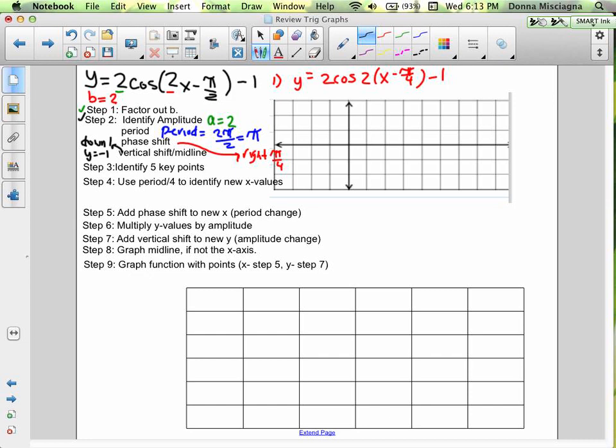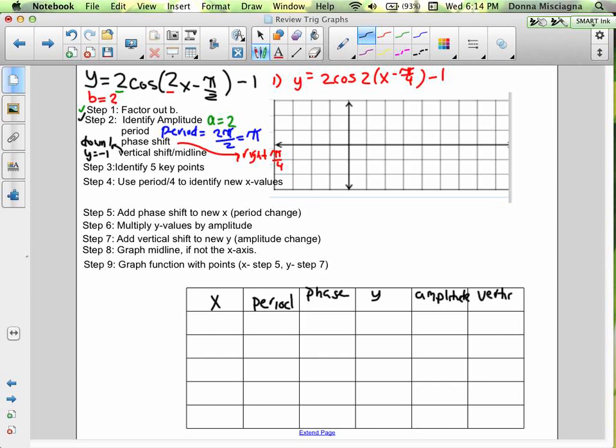Now let's fill in our table. I forgot to mention that. You should have your table created. A 6x6 table is what you'll need for this one. In the columns, we put x, then period, then phase, y, amplitude, and then vertical.